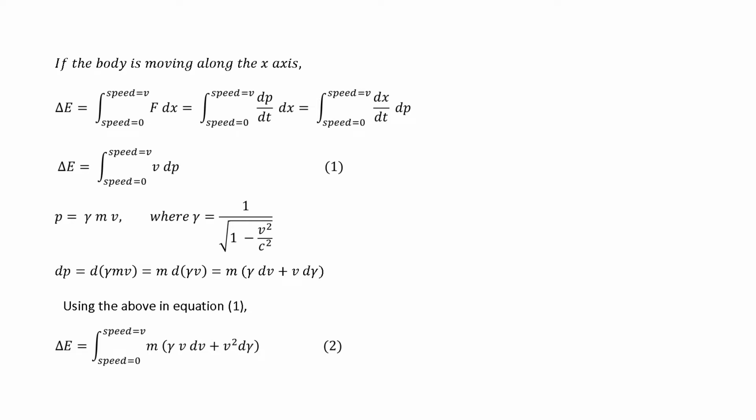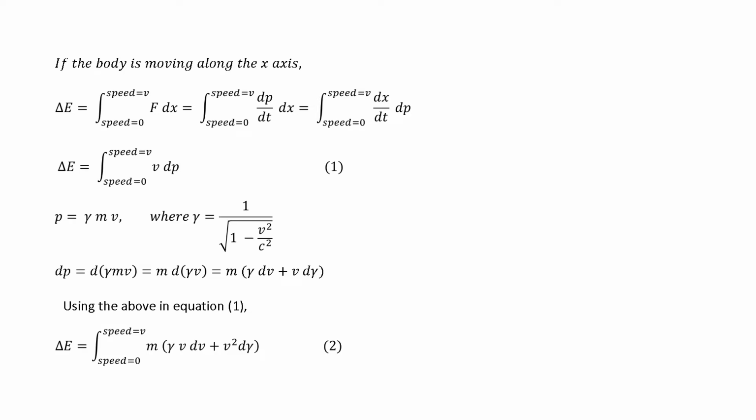By definition of momentum, p equals gamma mv, where gamma equals 1 divided by square root of whole of 1 minus v square by c square. If you want to see how to derive momentum, see another video which I have posted on derivation of relativistic momentum. p is equal to gamma mv. We differentiate on both sides, we get dp equals d of gamma mv.